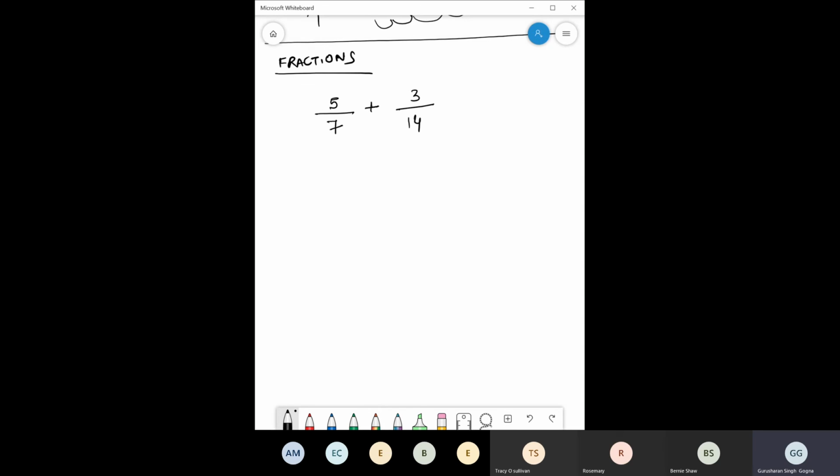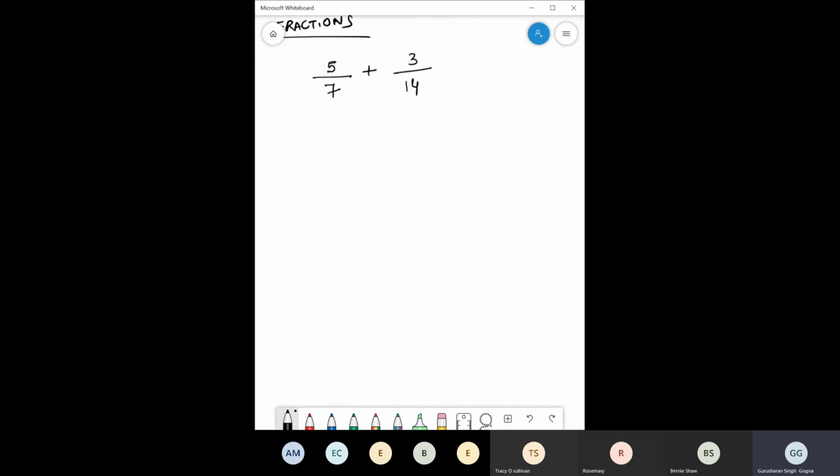Now, in different schools and different classes, they explain it in different ways, but the proper way of doing it is you have to get the LCM. You already know how to get the LCM, but when you're solving fractions, there are some quicker ways of finding it.